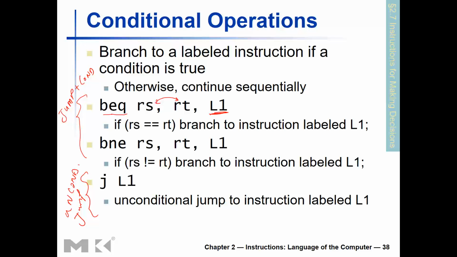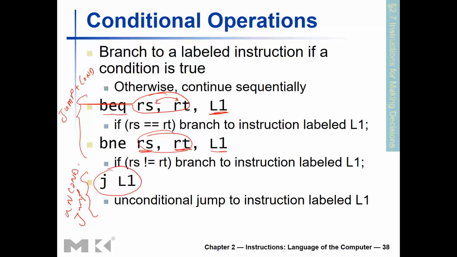Or branch if not equal, we check on the inequality of two registers, and if they are not equal, we jump to a label. So this is the condition that we check here, the equality or inequality. The important thing here is that for the jump instruction, the last one, there's no condition to be checked.